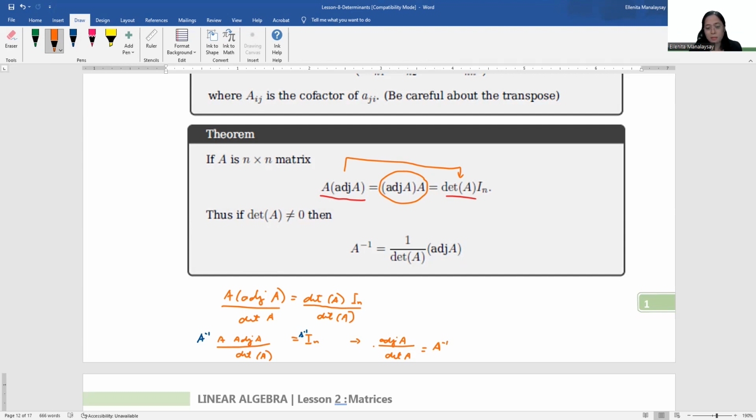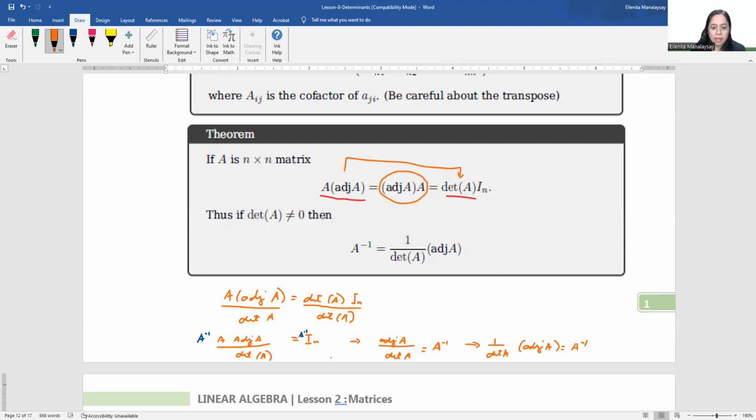A inverse times the identity is just A inverse. So this is actually equivalent, but to show it exactly: 1 over the determinant of A times the adjoint of A is equal to A inverse.